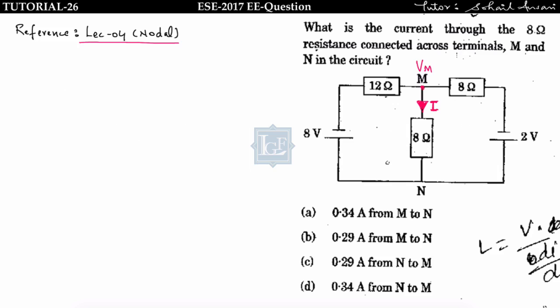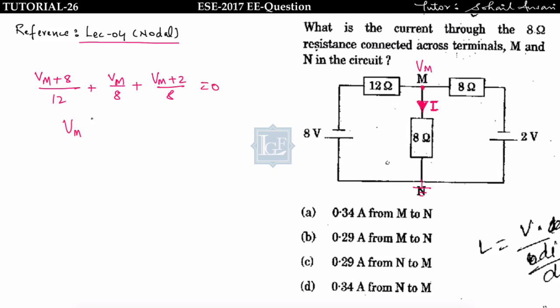First find the voltage at this M terminal. Let us take this reference node and apply nodal analysis. What you will get: Vm minus of minus 8, that is Vm plus 8, by 12, plus Vm by 8, plus Vm plus 2 by 8, is equal to 0.